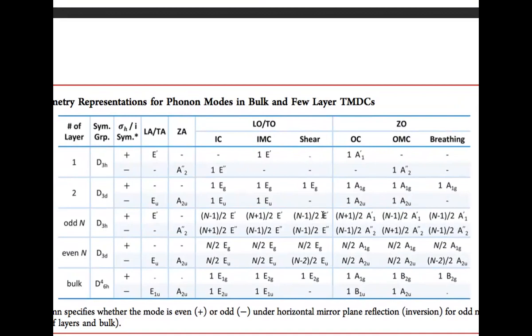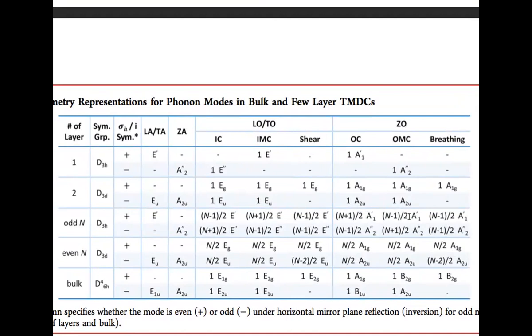For the shear mode, they all have the same representation. The same for the odd. This one has the same representation as the breathing mode for all the layer numbers. So basically, you understand how we derive the selection rules for the shear mode and breathing mode.